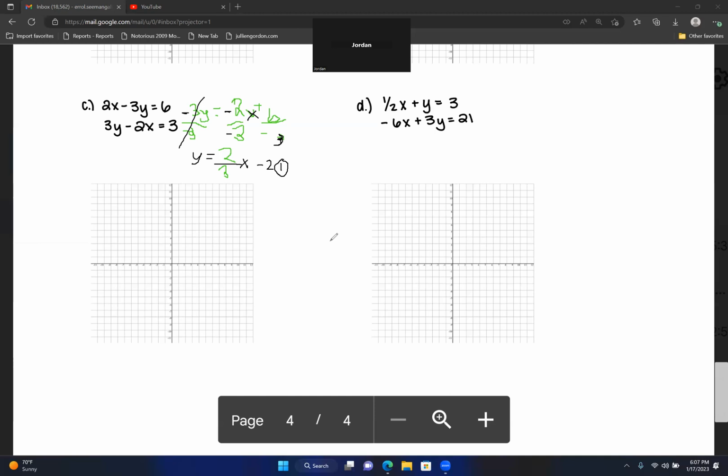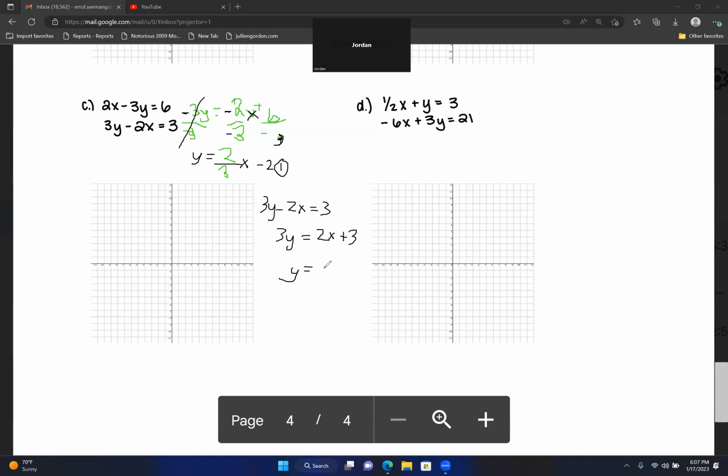Can I tell you what I would do? Yes, go ahead. It would be 3y equals 2x plus 3. One more step. Y equals. Divide both sides by 3. Not all 3, everything. All three terms.